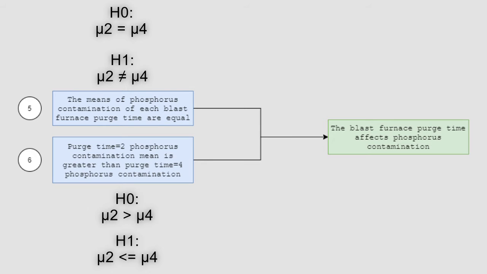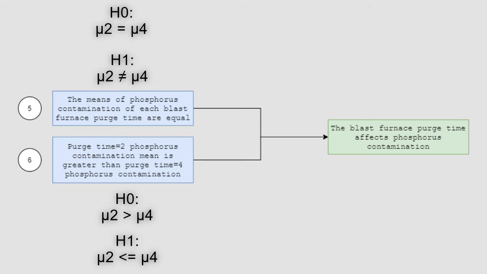The next 2 statistical hypotheses are also linked to the same scientific hypothesis, that the blast furnace purge time affects phosphorus contamination. The first statistical hypothesis would be that the means of phosphorus contamination of each blast furnace purge time are equal, and we would have that H0 is that mu2 equals mu4 and H1 would be that mu2 isn't equal to mu4.